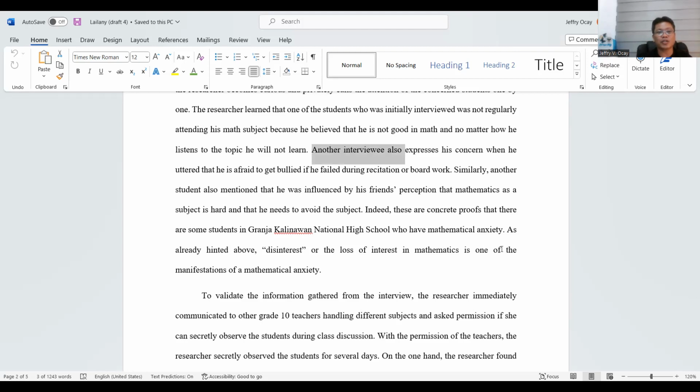Similarly, another student also mentioned that he was influenced by his friend's perception that mathematics as a subject is hard and that he needs to avoid the subject. And then, because we will be moving to the next paragraph and we will be presenting another proof or justification to our claim in the previous opening paragraph, then we will close the discussion.